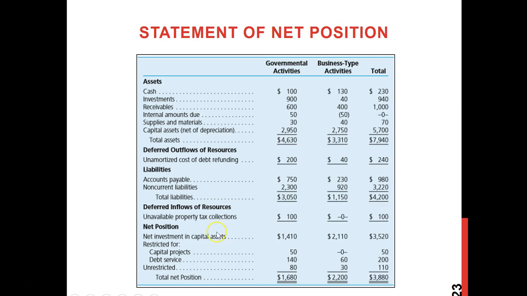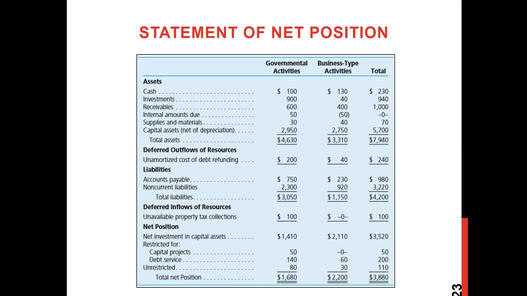Again, you will see here that the presentation is basically classified into two categories: governmental activities, which covers most of the governmental funds and most of those internal funds, and another column is business type activities. So in most cases, those are actually enterprise funds, and you will see some internal funds.